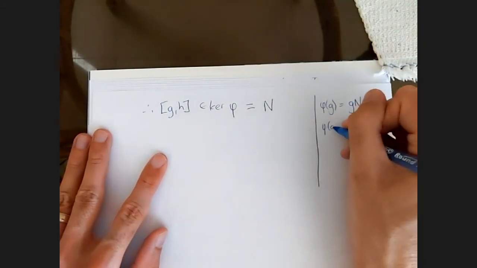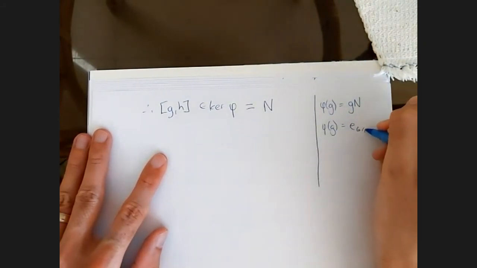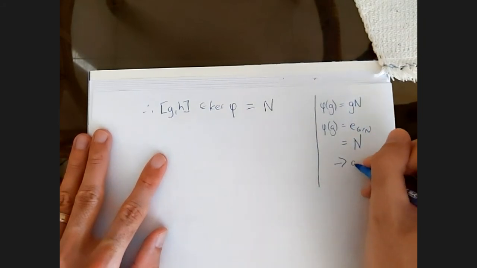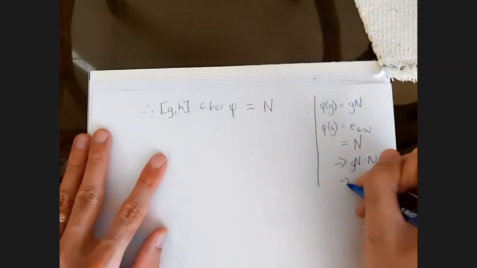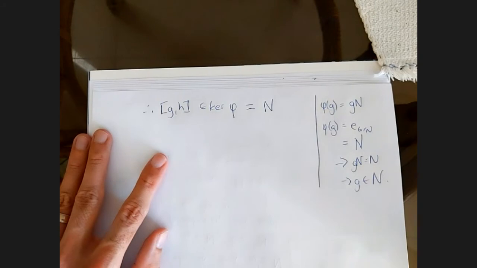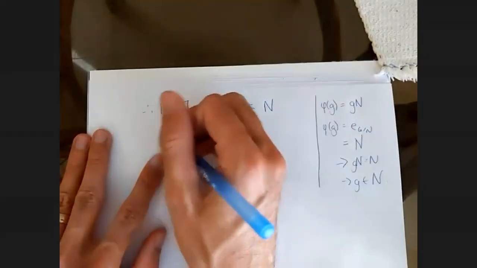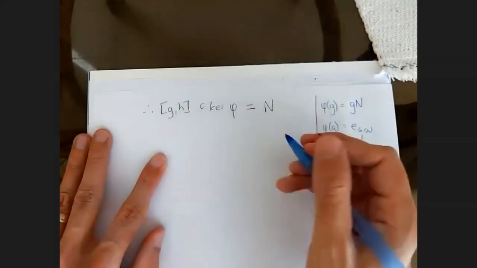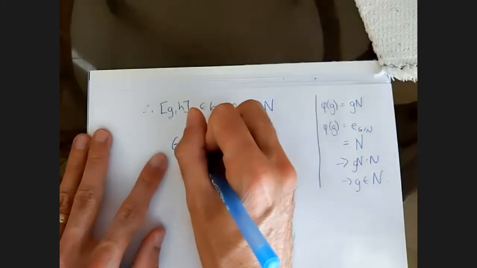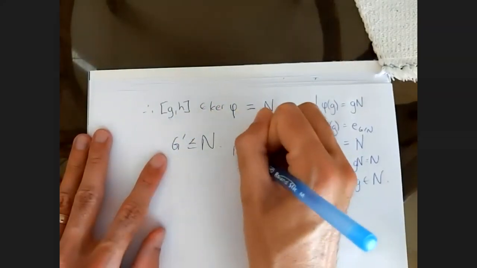So if phi of G is the identity, the identity coset in G mod N is just the subgroup N. And then that implies that GN equals N, which implies that G is in N. So this commutator is in N, and G and H were arbitrary, so all the commutators are in N. So the commutator subgroup is contained in N, and that was part one.